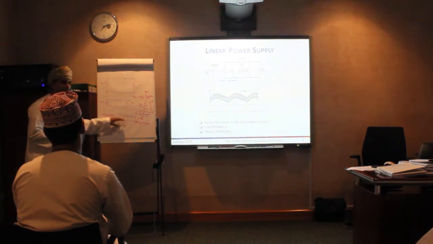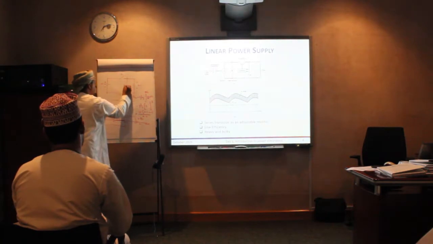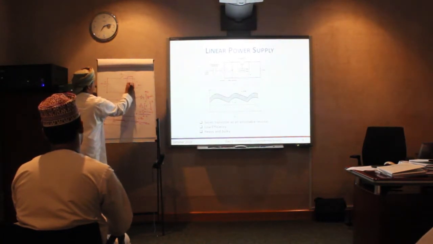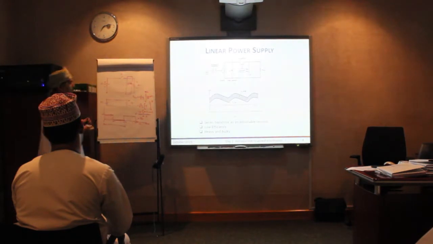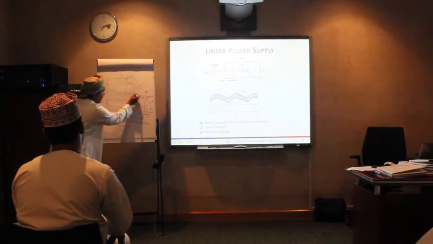Actually, if I have those ripples in the output, I can get the average by designing a filter. What the filter will do is filter those ripples and give me this average.